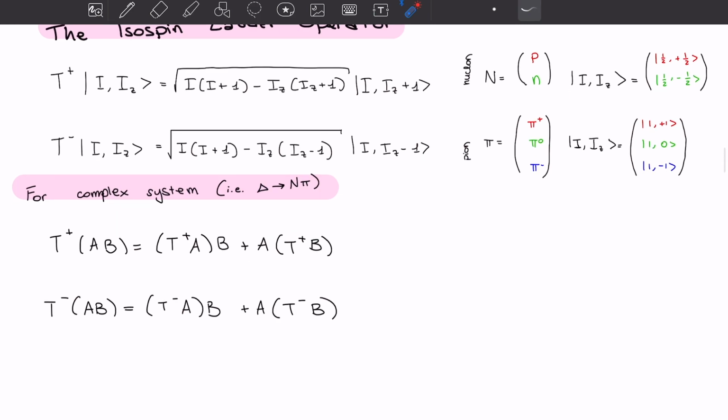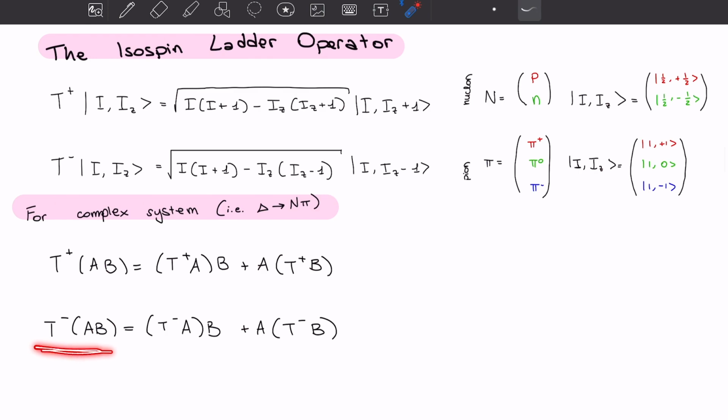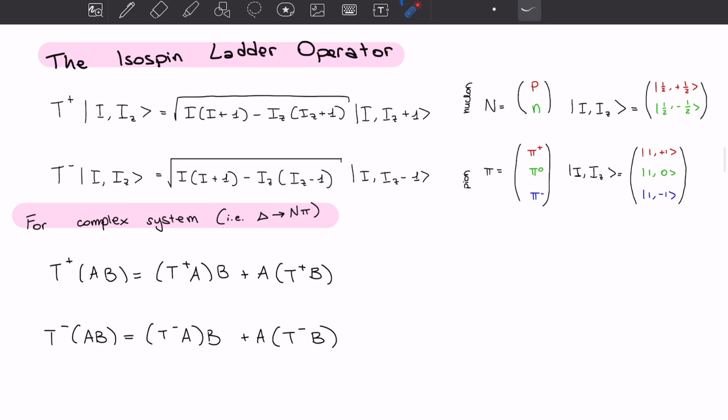And on the other side, if you want to go down in projection on a system, you can do the same thing, but you need to apply a different ladder operator, the minus operator.